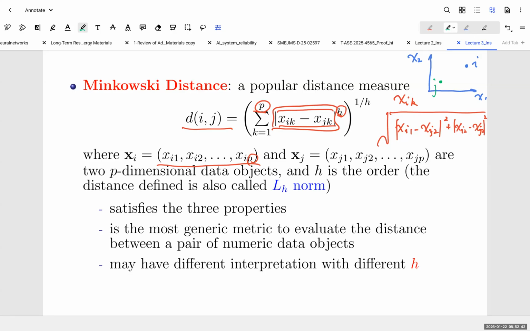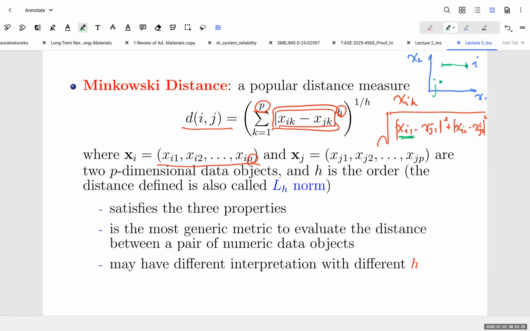We have xi1 minus xj1. That's this green distance, right?